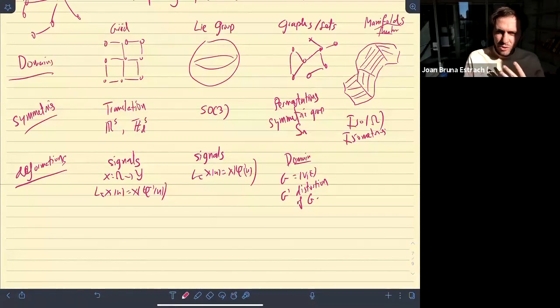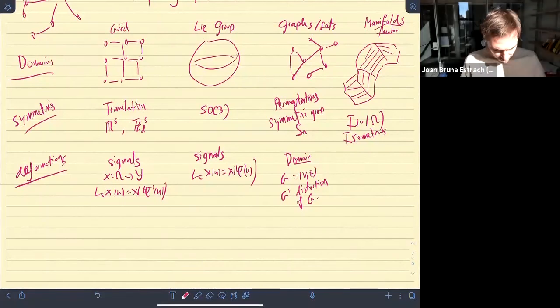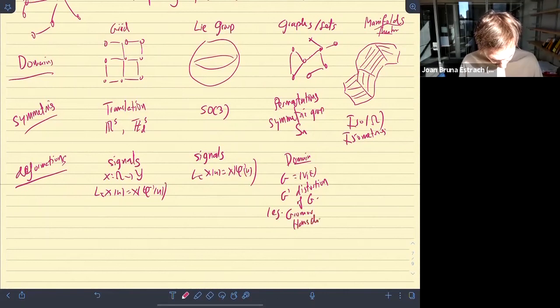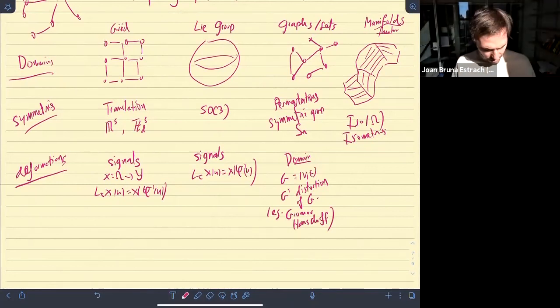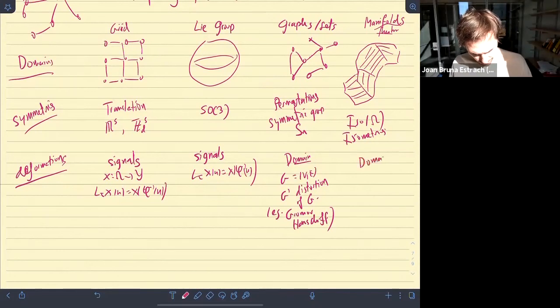What is the distortion between two graphs? For example, there's something called the Gromov-Hausdorff distance. And the same way, we can also talk about a manifold and have a metric deformation, a distortion in the metric structure.